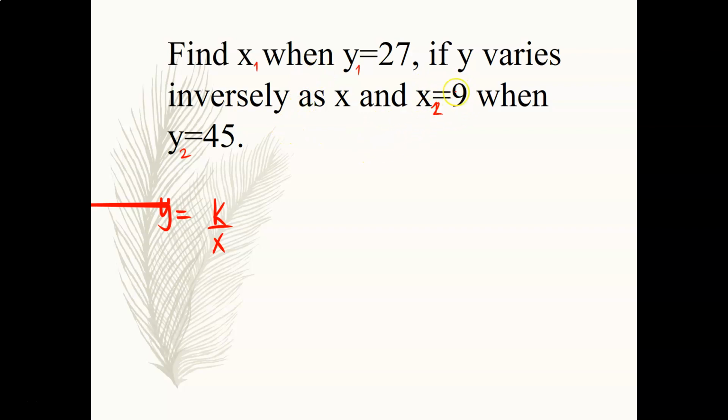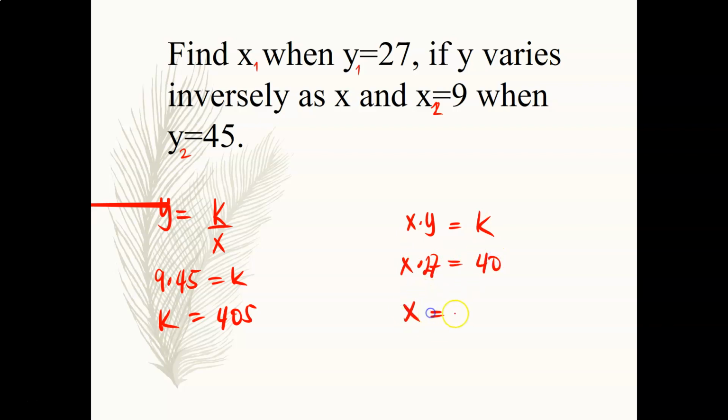Using these two given values, we have 9 times 45 equals k, so k equals 405. After that, we look for x. xy equals k, which is x times 27 equals 405.